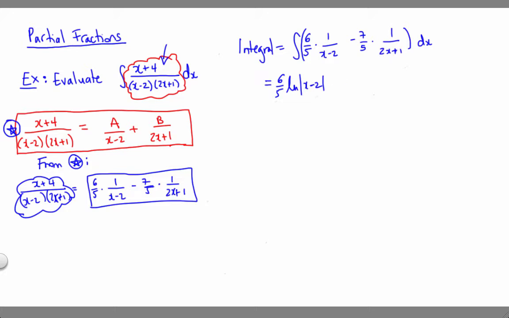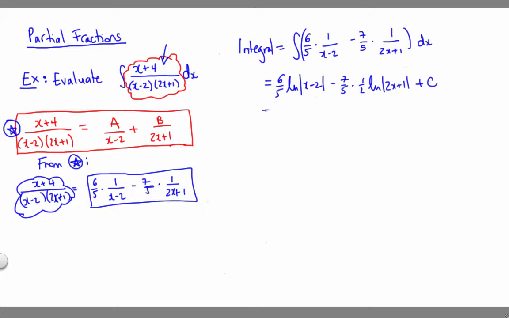So integrating, we've got minus 7/5 times, it's going to be 1/2 ln absolute value 2x plus 1 plus a constant, and the half here coming from the shortcut that we discussed in the previous video.